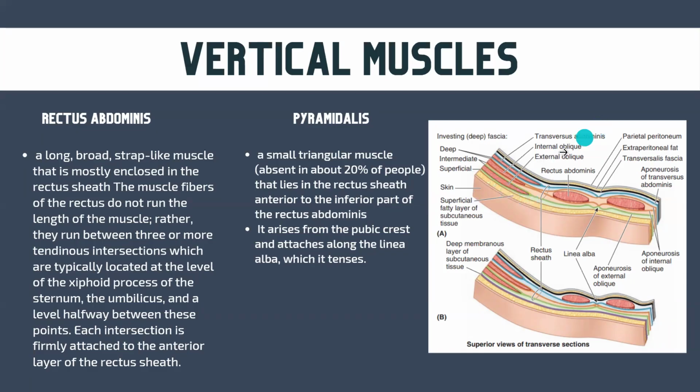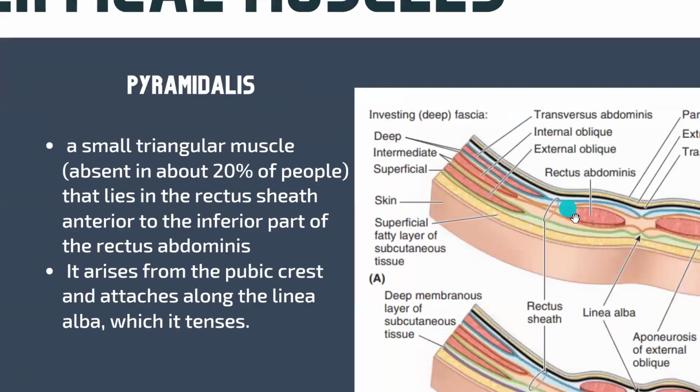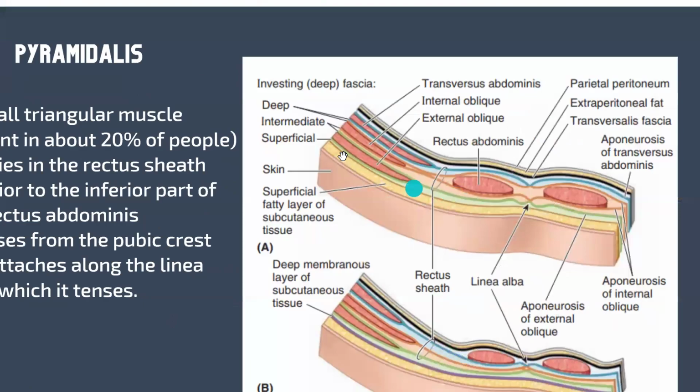Look at this nice picture. Now, the colored one is the external oblique, and here we have the green one, which is the sheath, and also the yellow of the internal oblique, and the blue of the transversus abdominis.